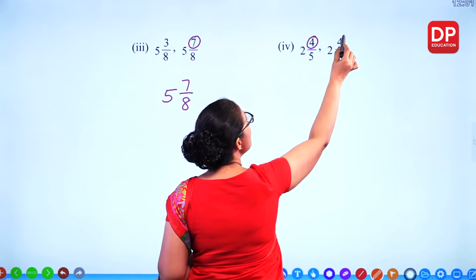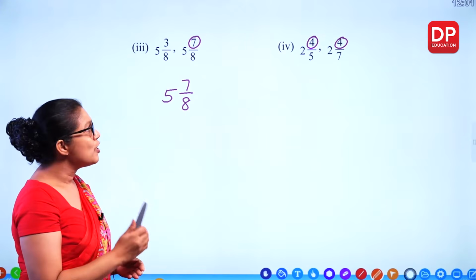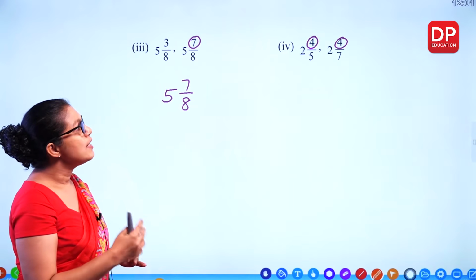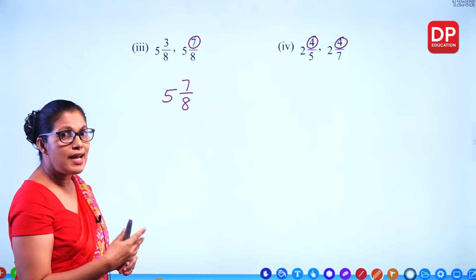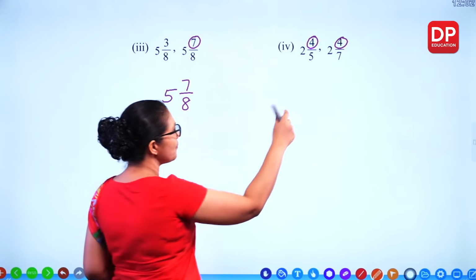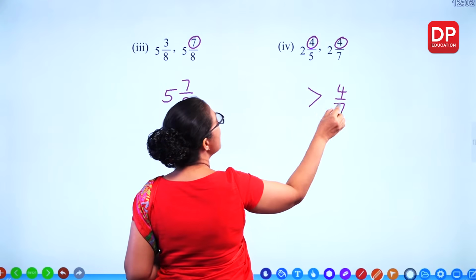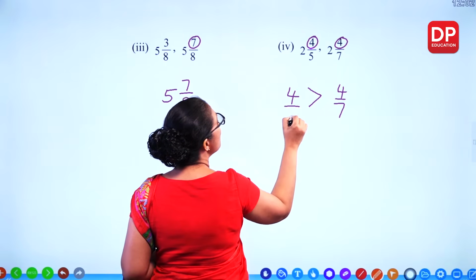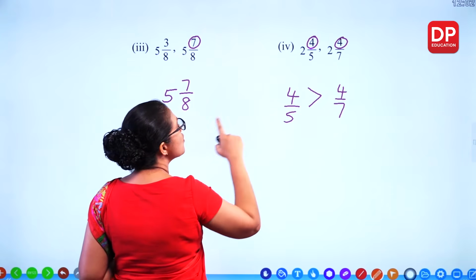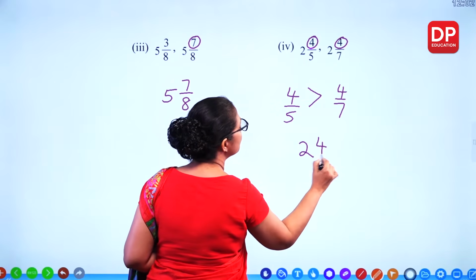Why? Same numerator. So what's the theory? When the denominator becomes larger and larger, the value becomes smaller. So 4 over 7 is smaller than 4 over 5. So that means this number is the bigger one.